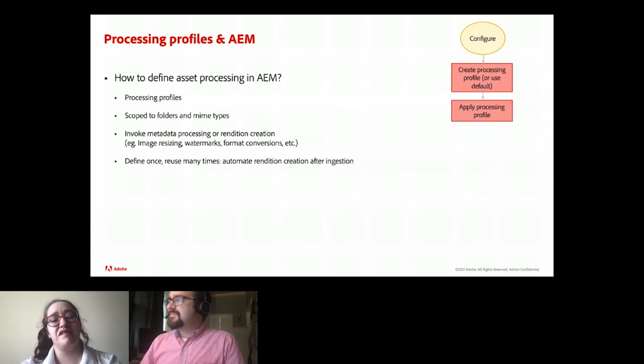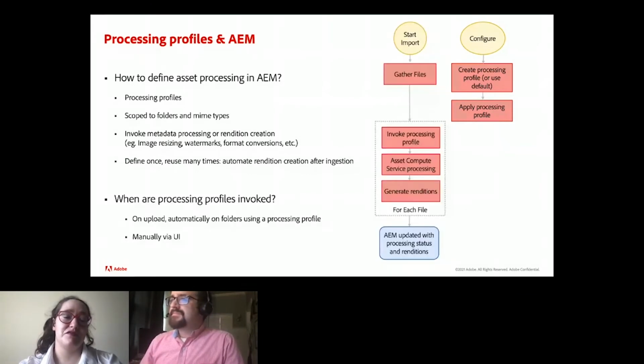This is either triggered automatically on upload, or you can also do it manually via the UI or through Java APIs, which allows for, again, automation and streamlining the asset processing.